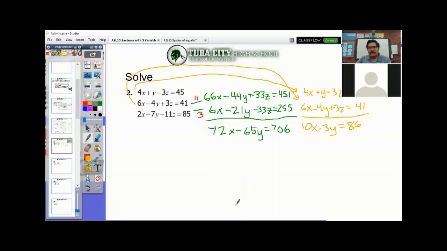Now, 3 times something to get 65. 65 is not divisible by 3, so changing y is maybe out of the question. Let's see. 65 times 2 is 130, but that's not divisible by 3 either, so I have to find a number that I can have them cancel out at.